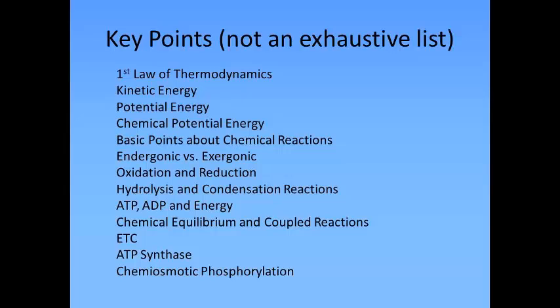Alright, so the key points that I want you to get from this lecture are the first law of thermodynamics, kinetic energy, potential energy, chemical potential energy, the basic points about chemical reactions. I also want you to understand endergonic versus exergonic, oxidation and reduction, hydrolysis and condensation reactions, the relationship between ATP, ADP, and energy. I want you to understand chemical equilibrium and coupled reactions, the electron transport chain, ATP synthase, and chemiosmotic phosphorylation.